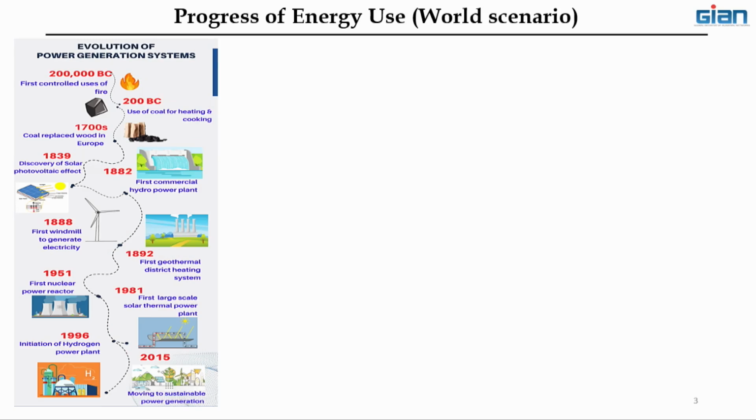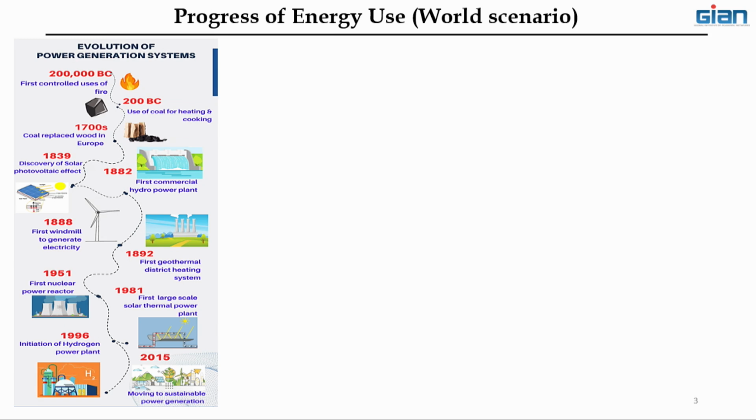So now let us see the progress of energy use. If we see the evolution of power generation, it's long back, 200,000 BC, when controlled fire was invented. Then slowly we move towards use of coal for heating and cooking applications. Then we have coal power plants.